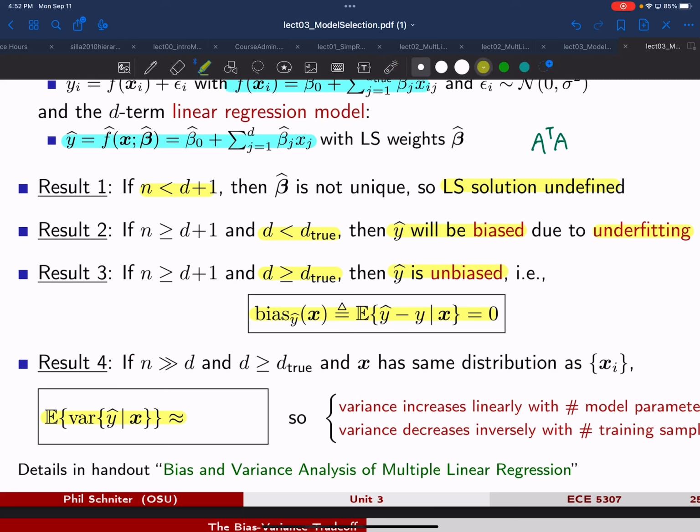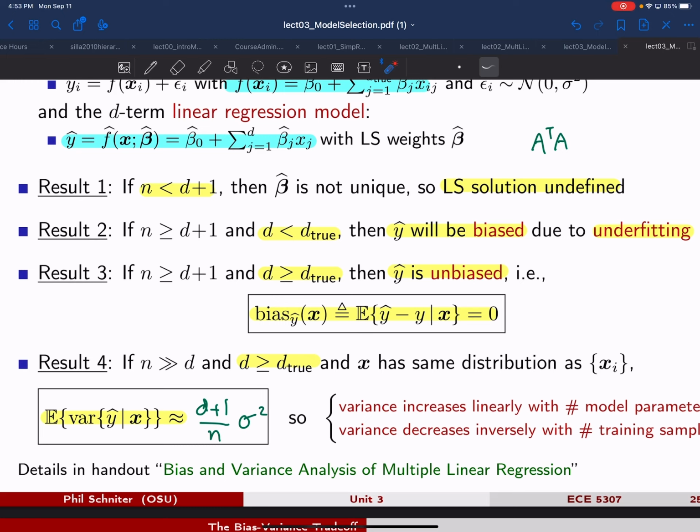And once again, we're going to assume that the assumed model order is at least as large as the truth. So now we know that the bias is 0, but what's interesting is that we can derive the variance analytically. So the variance is going to be the model order plus 1 divided by the number of samples times the noise variance.